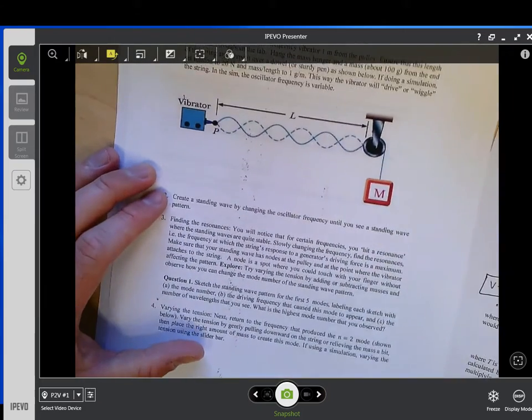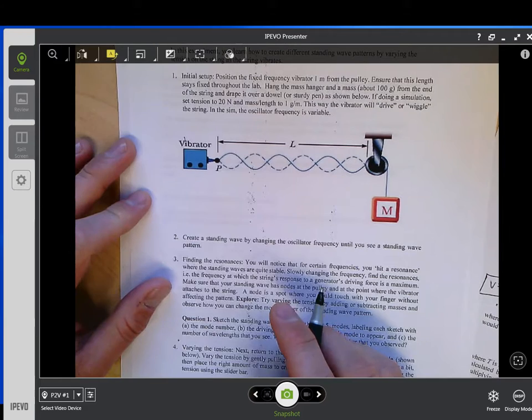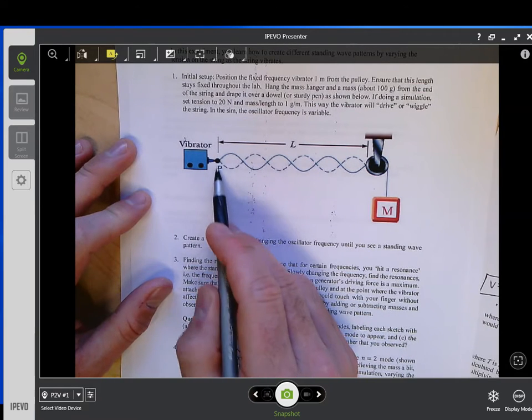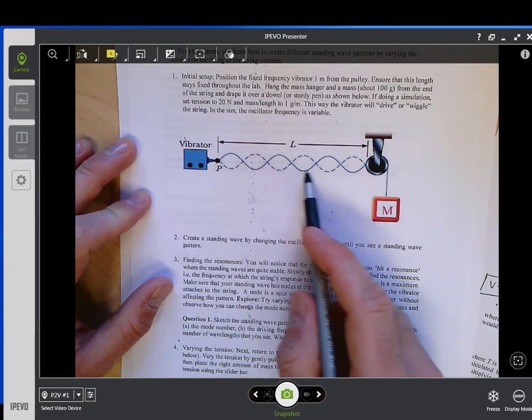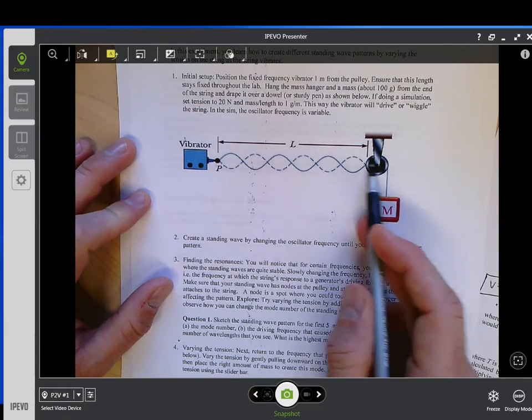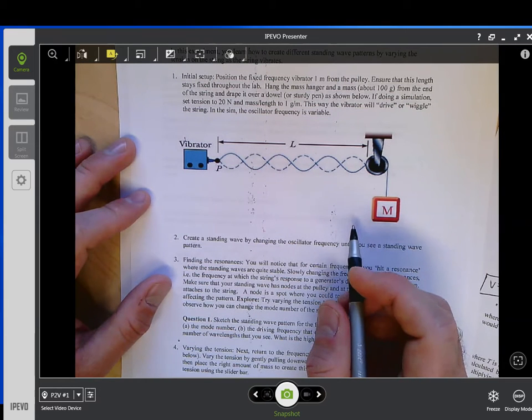Okay, so now let's get to our actual part of our inquiry here. So if we're doing this experiment using this mechanical vibrator, it's basically shaking this thing up and down, and we see that the string is oscillating. In other words, there's waves being sent that are reflecting back and forth, and this creates something that's called a standing wave.